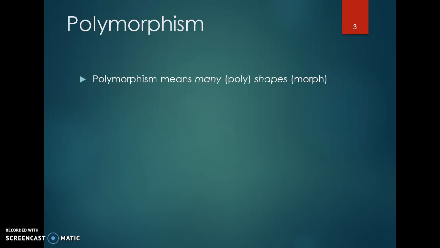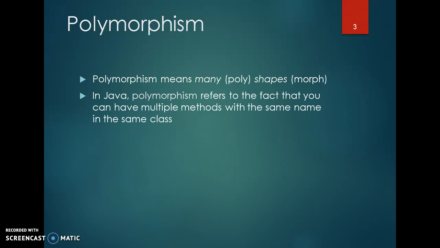Now polymorphism, as I have already mentioned, means many shapes or forms. In Java, polymorphism refers to the fact that you can have multiple methods with the same name in the same class.